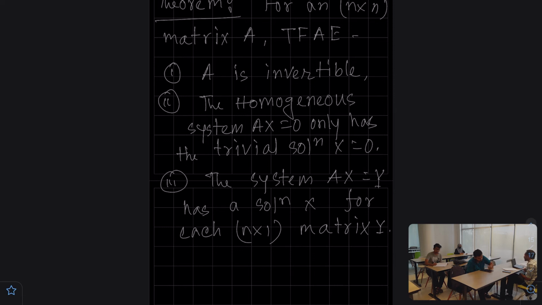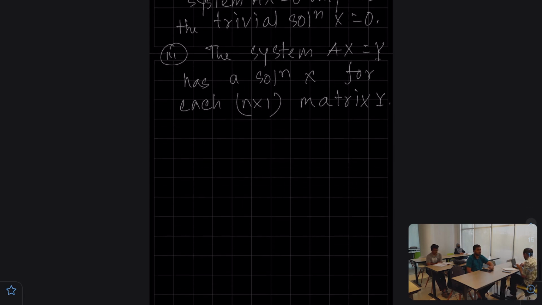So this theorem says that if A is invertible, then from using the previous theorem, where I showed you that A is equivalent to the identity matrix, then Ax equal to 0 has the same solution as Ix equal to 0, since A and I are equivalent matrices, right?